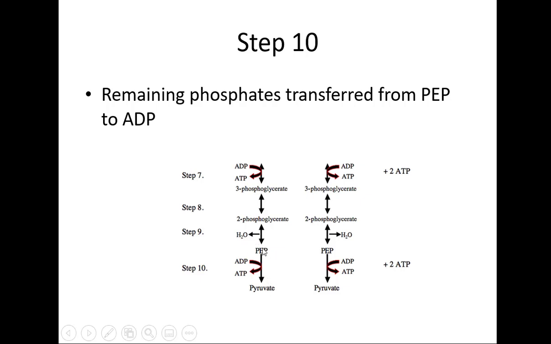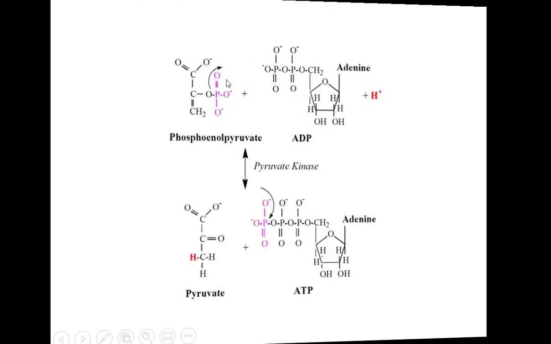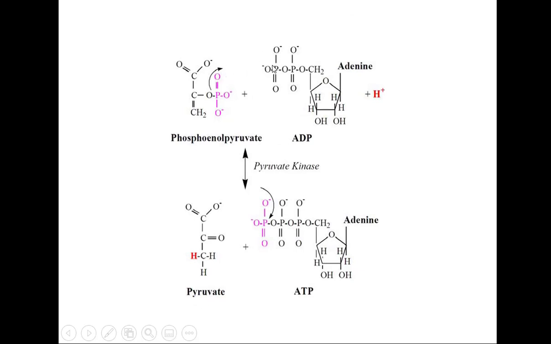PEP gives its phosphate group to the ADP, producing ATP, but we have 2 pathways, so 2 ATP, and it finally becomes pyruvate, the last product of glycolysis. The phosphate group goes to the ADP and we get pyruvate as well as ATP.